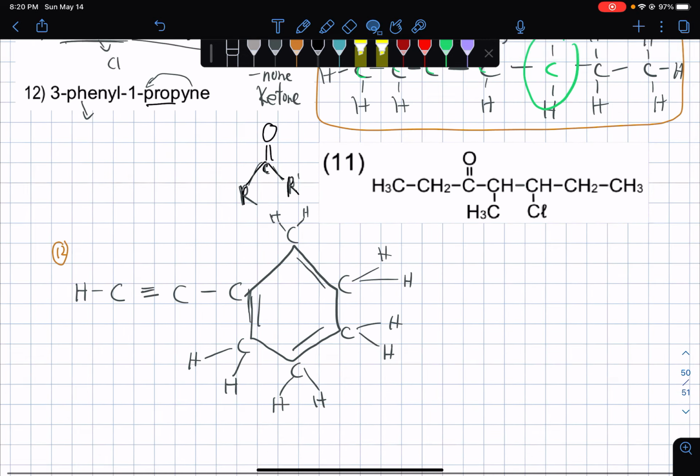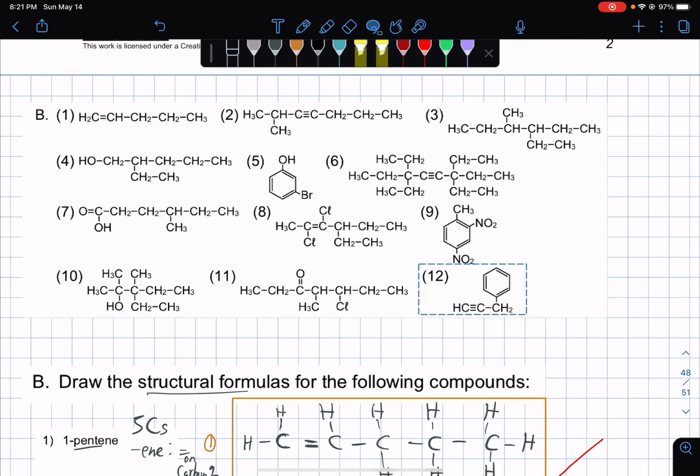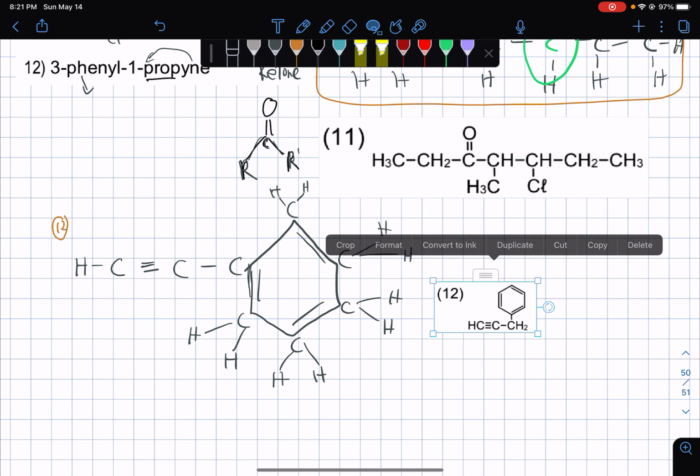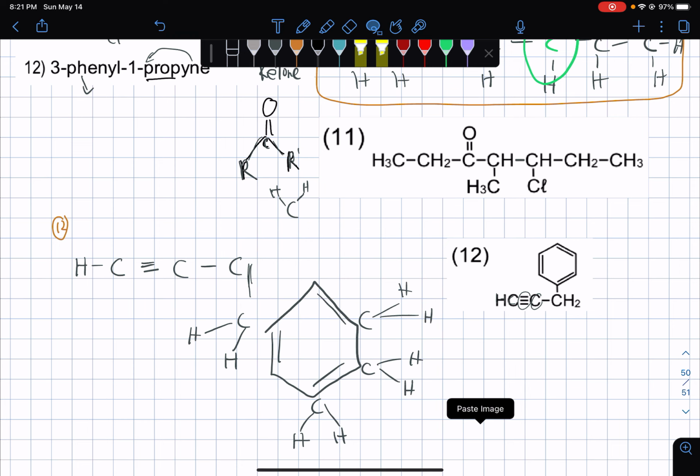Let's see if I got it right. What's number 12? Okay. H and then C and then triple bond C. The same as this. Yeah, my only mistake is that I'm supposed to bring this entire chunk.